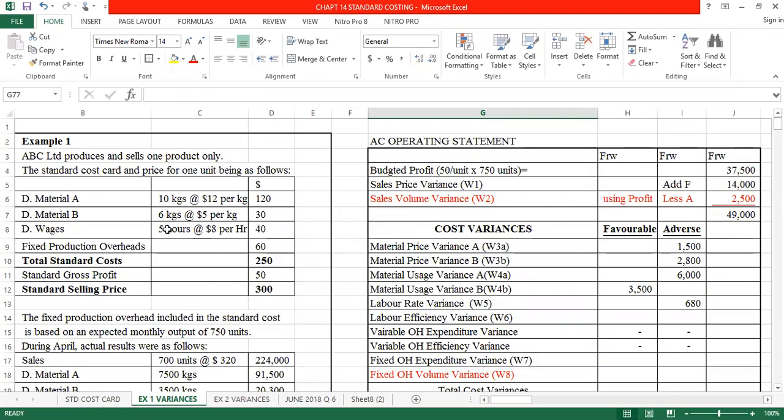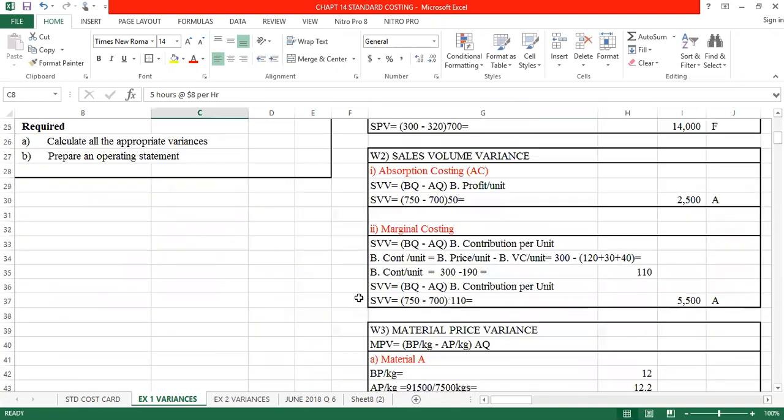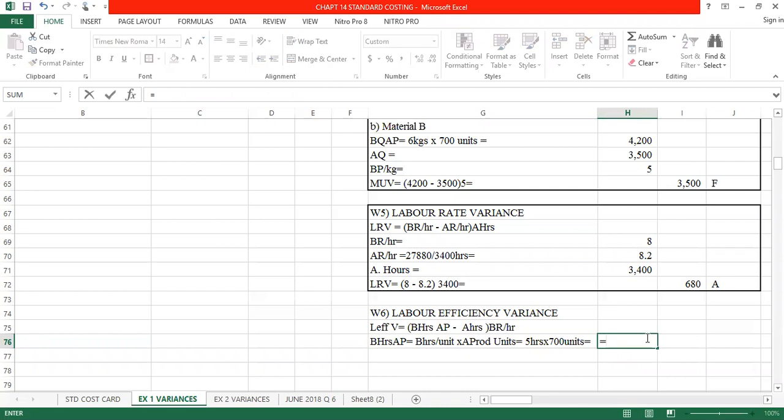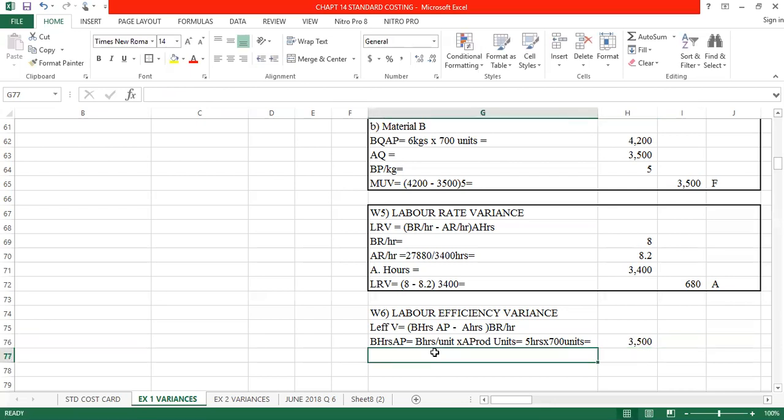Budgeted hours per unit is 5 hours. You can see these 5 hours. So 5 hours times 700 units. So how much do we get? 5 times 700, where 700 is the actual production units.